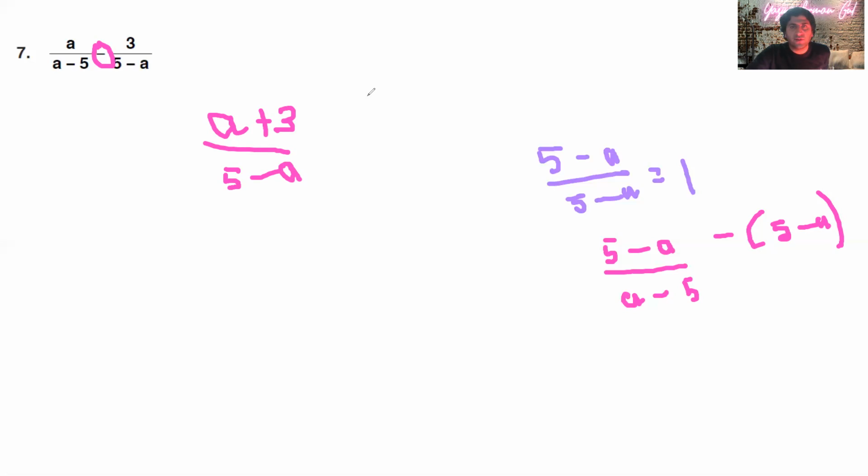If I multiply that, it's going to be a plus 3, because I multiply this one, it's going to be a minus 5.